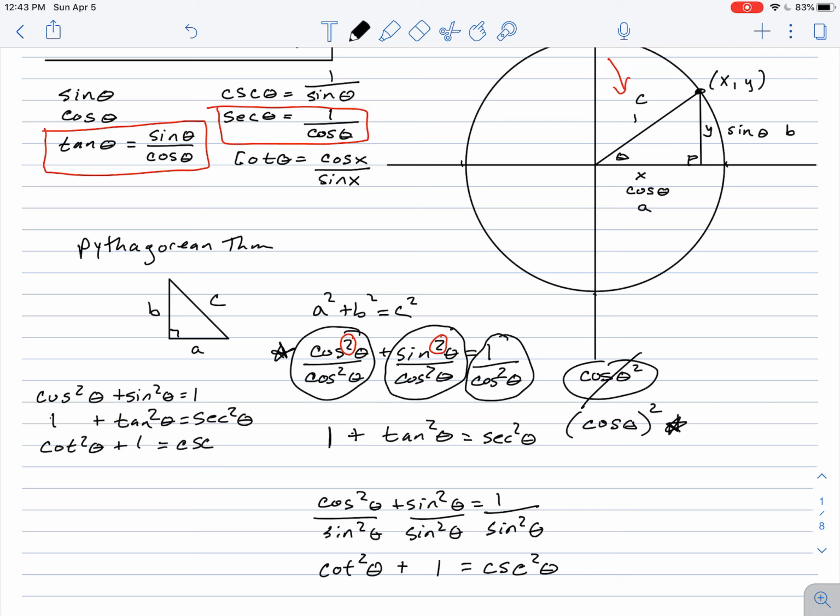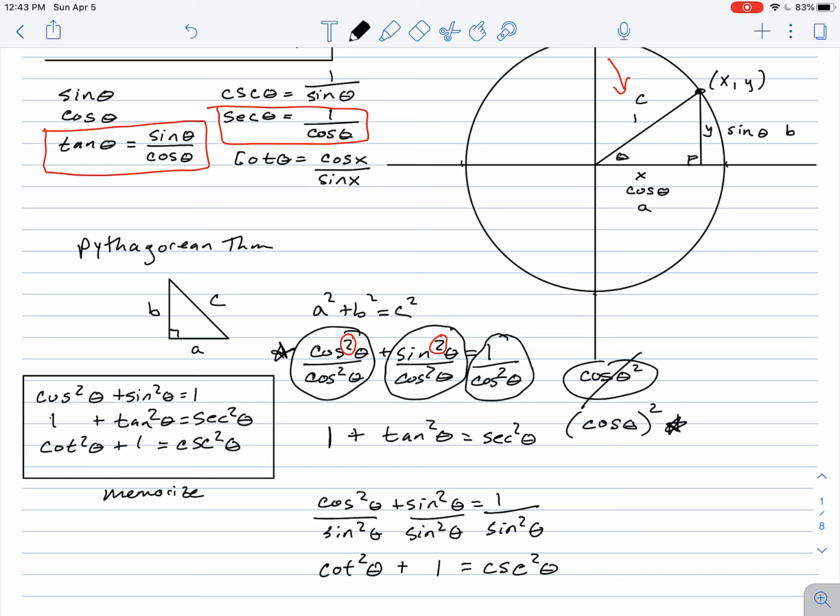And this turns out to be our third Pythagorean identity. Now, you have a choice. These are very important. You will use them a lot, in this class and in calculus. You can memorize them all if you choose. What I choose is I remember that the last 2 were created by dividing by cosine squared and then sine squared. So I actually only memorize the first one, and then I figure the other 2 out at the beginning of my homework set and write them at the top of my page.